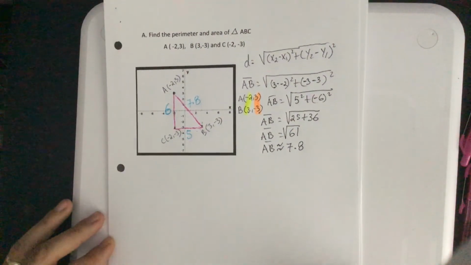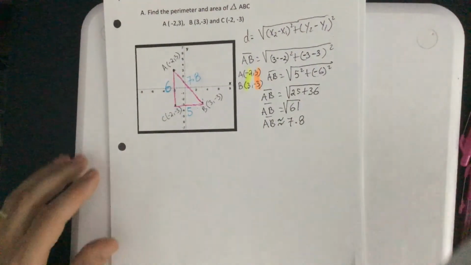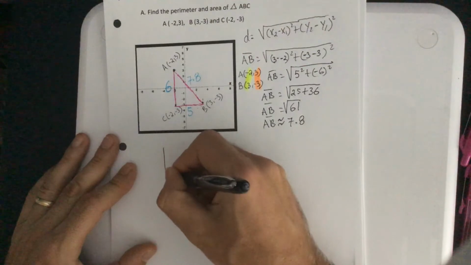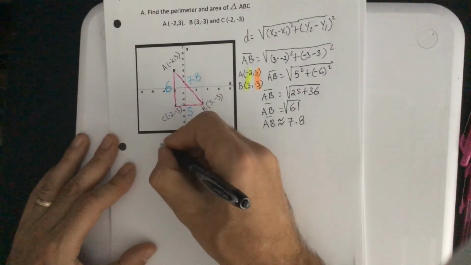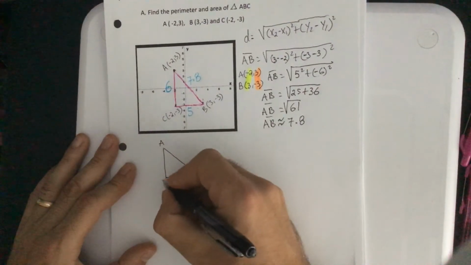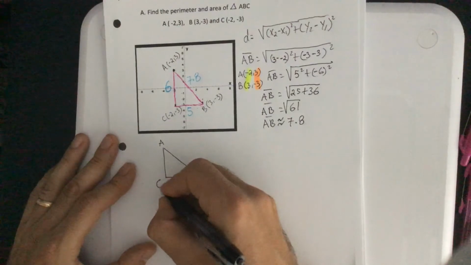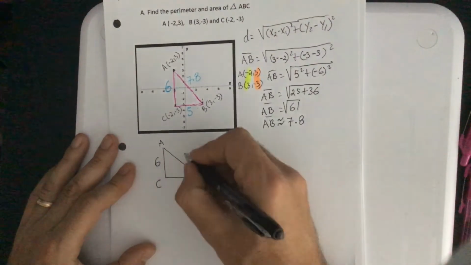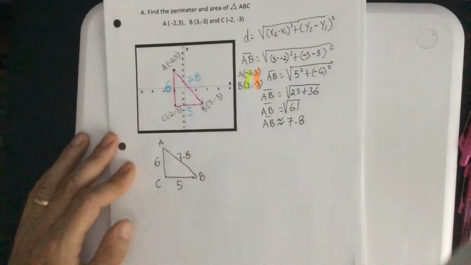So let me move it up a little bit so we have more space here. And let me draw the triangle that we have right now with all the information. Remember, this is point A, point B is over here, point C, this was 6, this was 7.8, and this one was 5.